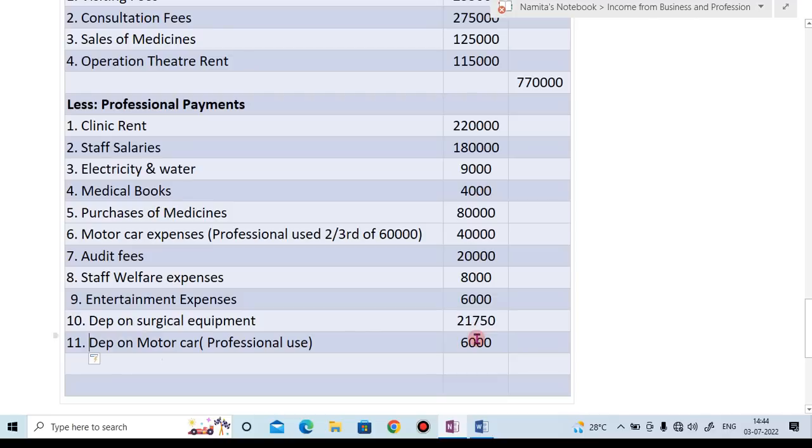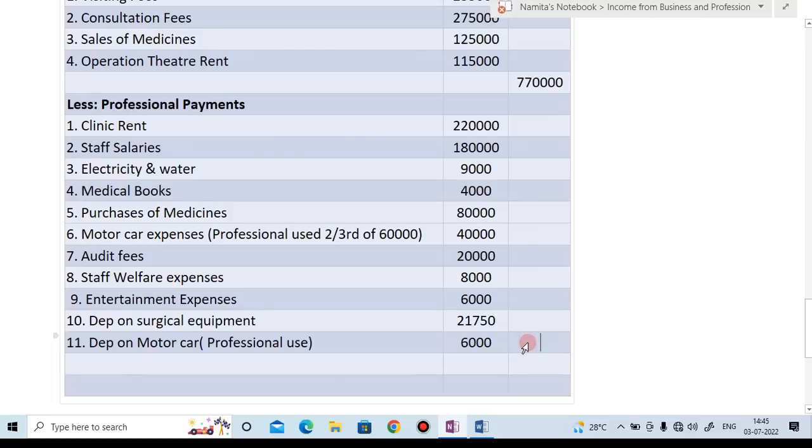Now add all the professional payments. So 2,20,000 plus 1,80,000 plus 90,000 plus 4,000 plus 80,000 plus 40,000 plus 20,000 plus 80,000 8,000 plus 6,000 plus 21,750 plus 6,000.